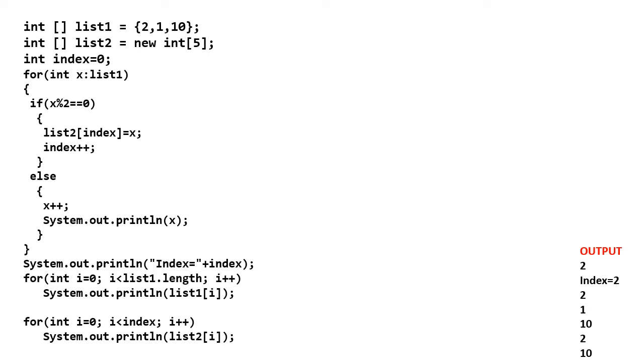And we will do a couple of statements. It starts by saying you should have integer bracket list 1, and you should have the following values. So I will declare an array. The name of my array is list 1. It should be holding the following values 2, 1, and 10. So location 0, 1, and 2. Integer list 2, new integer 5.